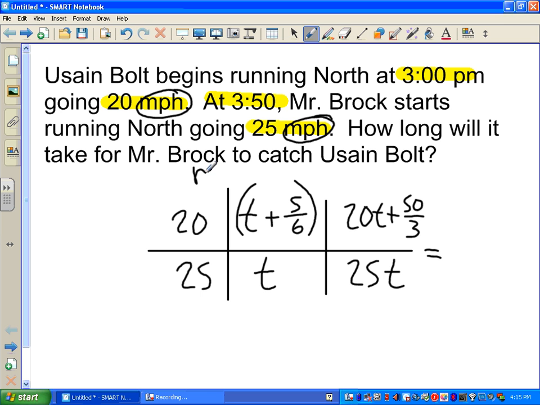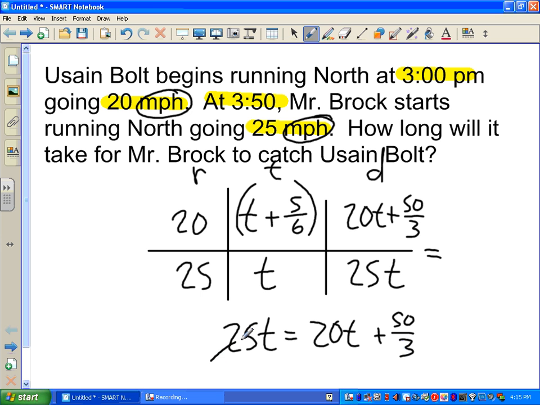Here we have the rates, here we have the times. Rate times time equals the distance, and the distances are equal. So I'm going to set up an equation to solve, which is 25t is equal to 20t plus 50/3. This is the equation that we need to solve to get the answer.